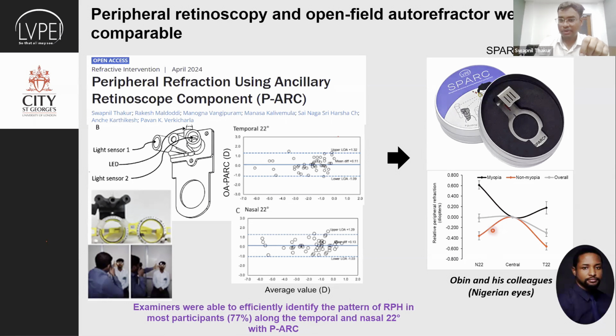However, in a non-myopic eye, there is a relative peripheral myopia. From here, you can recall what we discussed earlier, that relative peripheral hyperopia is a risk factor for myopia development. So it's consistent with our previous findings.